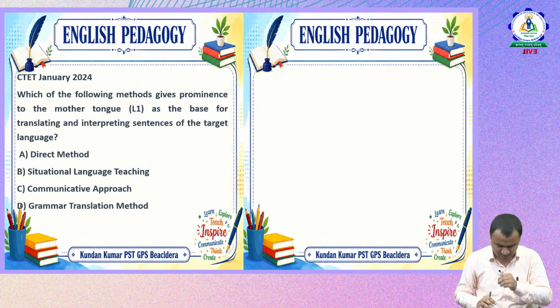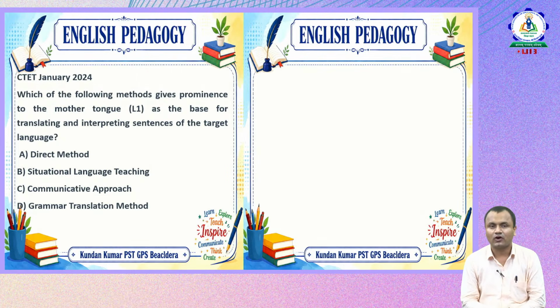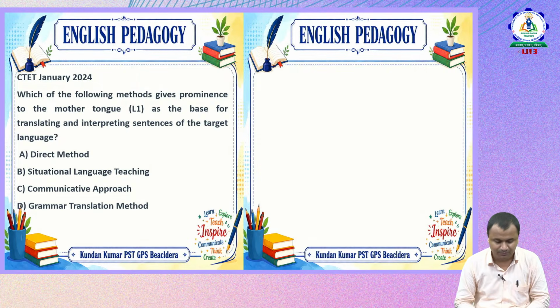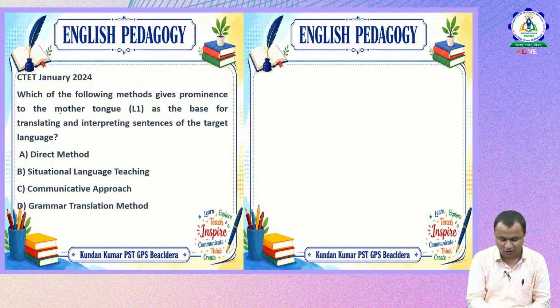We'll start with question number 1, that is, which of the following methods gives prominence to the mother tongue as the base for translating and interpreting sentences of the target language? I repeat, which of the following methods gives prominence to the mother tongue as the base for translating?